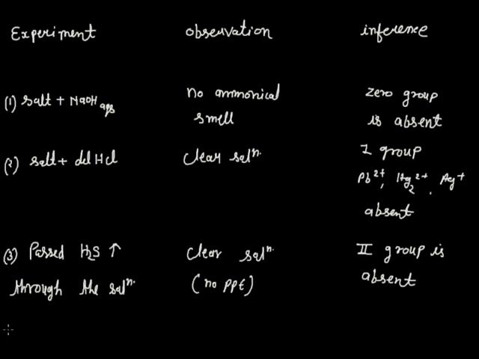In the fourth step, we boil the solution to remove H2S gas, since there is no requirement of H2S in group third. After the second group, we remove the H2S gas by boiling the test tube. After boiling, we add NH4Cl in solid form and then NH4OH aqueous in excess.